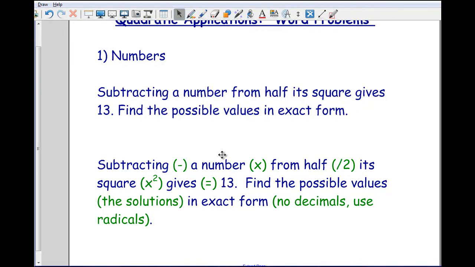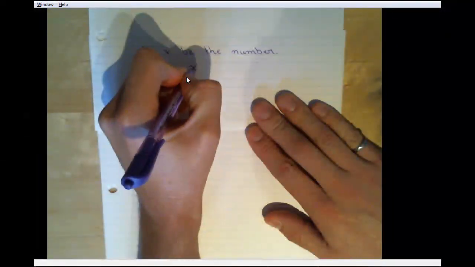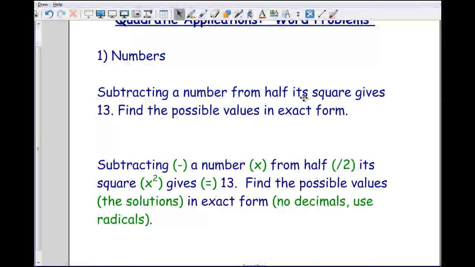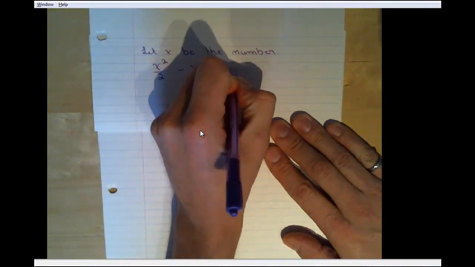So here's half the square of x, and we have to subtract x from it, like it says in the question. And also in the question it says gives 13. Well, that means that that is equal to 13.